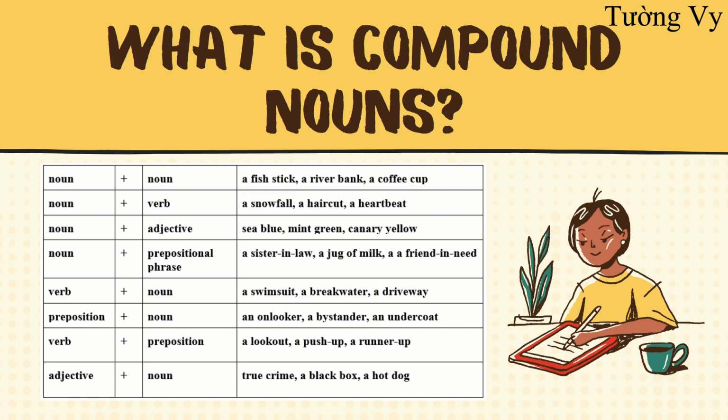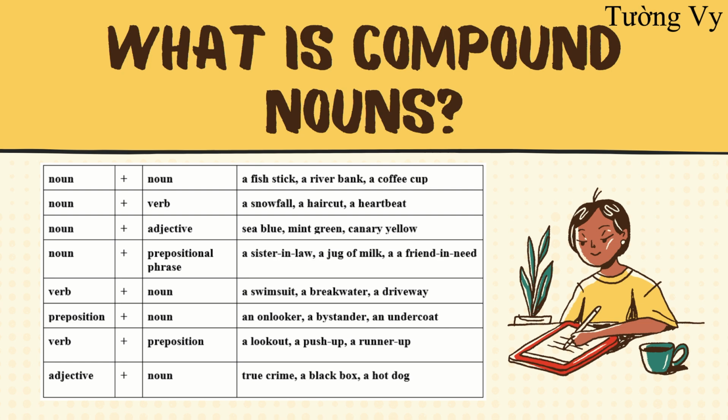First, noun plus noun: coffee cup. Second, noun plus verb, we have snowfall. Third, we have noun plus adjective: mint green. Fourth, noun plus prepositional phrase: sister-in-law. Fifth, verb plus noun: swimsuit.